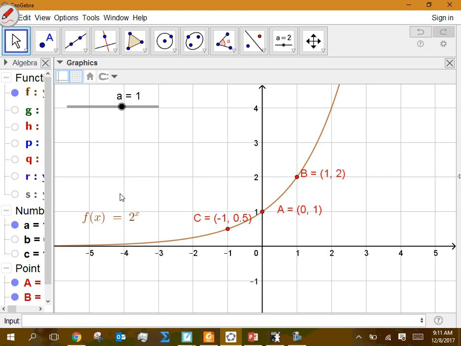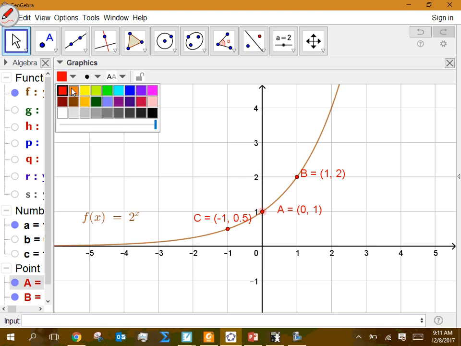The one thing we talked about yesterday is that this point right here, that blue point A, will always be a key point for every exponential. Think about taking any number as a base, it doesn't matter what your number is, and you raise it to the 0 power.